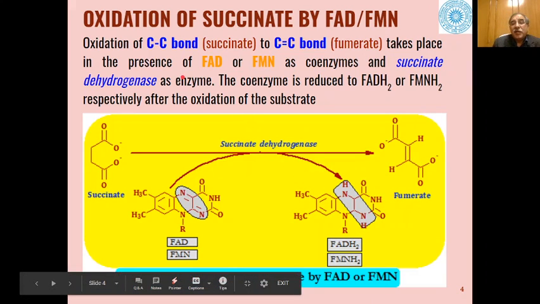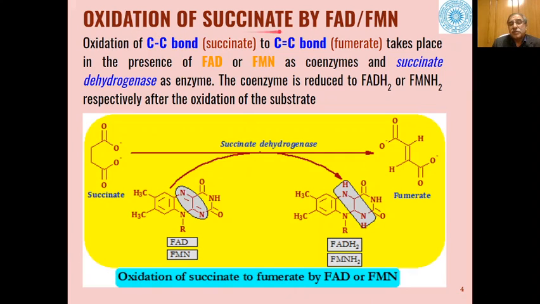The FAD and FMN are very much used for oxidation of succinate to fumarate. That means the saturated carbon-carbon bond is converted into an unsaturated carbon-carbon double bond.